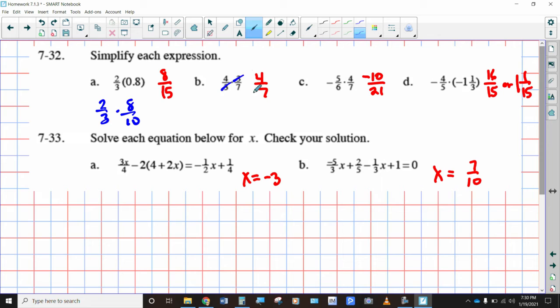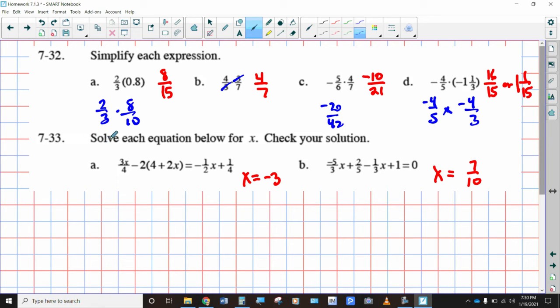Here, you can cancel out those and leave you with 4/7. Here, you end up with -20/42, which becomes -10/21. And in this case, we would want to rewrite this as -4/5 times -4/3, and that's how you get positive 16/15, because a negative times a negative gives you a positive answer.